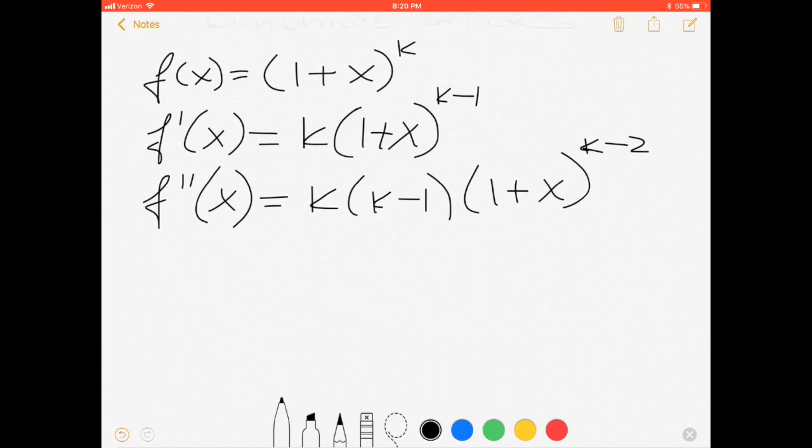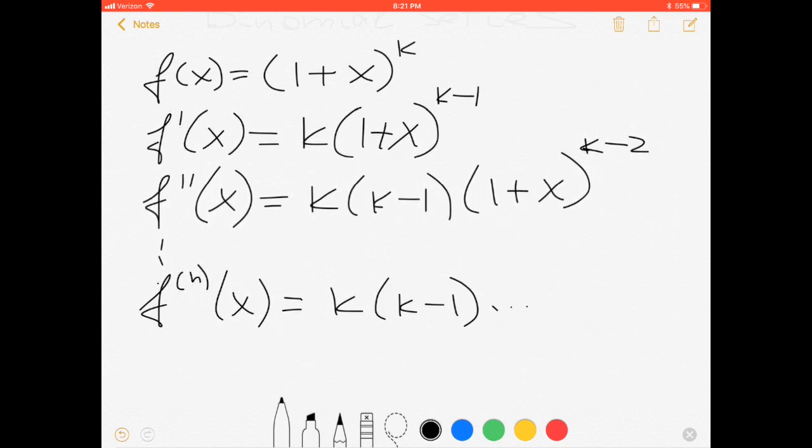And this means the nth derivative will be k times (k minus 1), and continue until (k minus n plus 1), times (1 plus x) to the power k minus n.